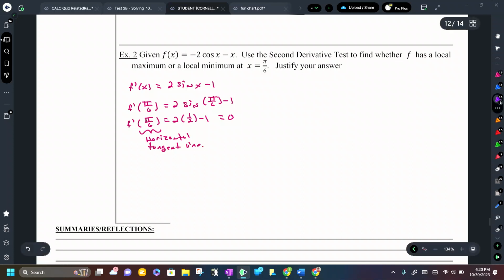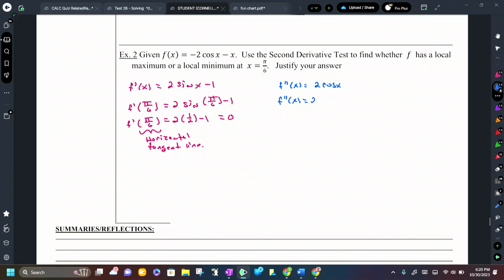So now we need to take the second derivative. f double prime of x is equal to the derivative of 2 sine of x, which is 2 cosine of x, and the derivative of negative 1 is 0, so that just goes away. We're evaluating it at pi over 6.